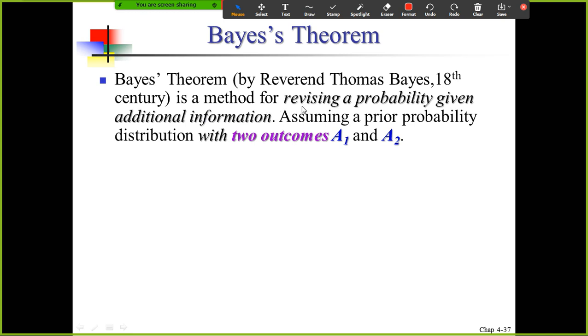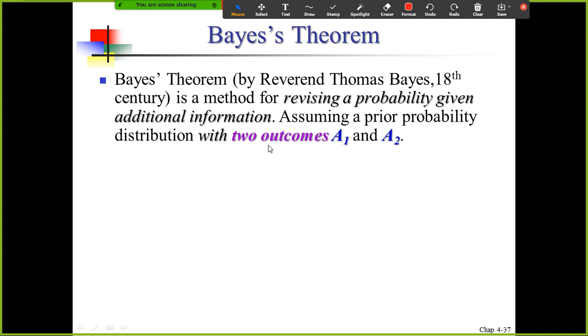Revise from what probability? Revise from the tree diagram, from joint probability. In the previous point we calculated joint probability. In this case, if we have new information or a new question, we will revise joint probability in order to get posterior probability.